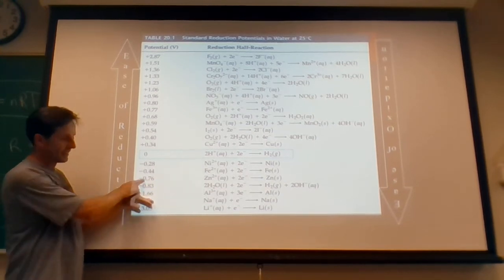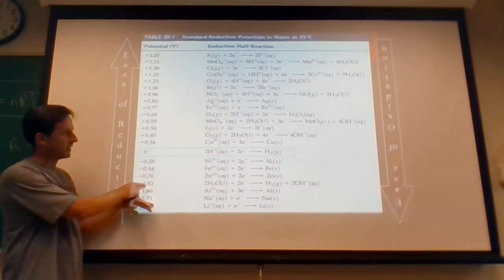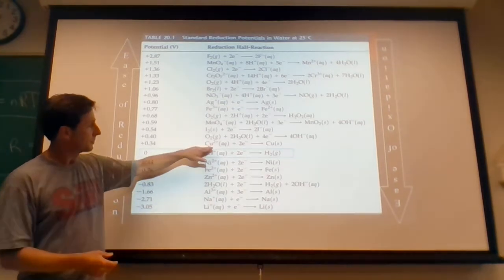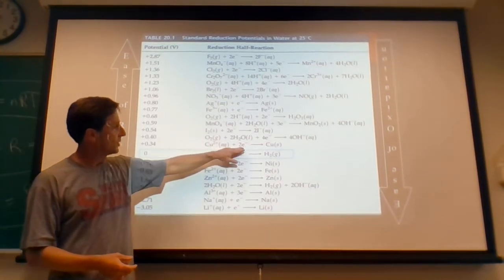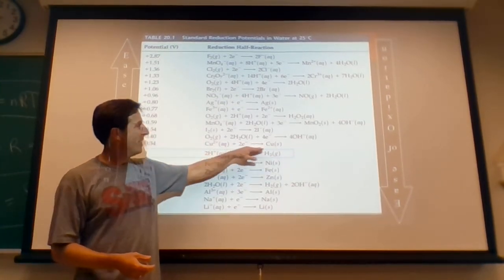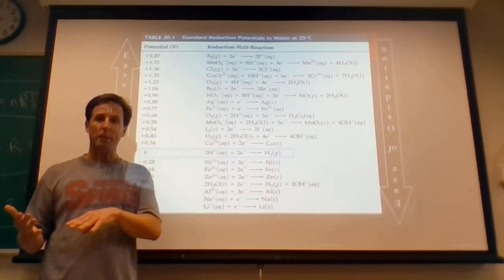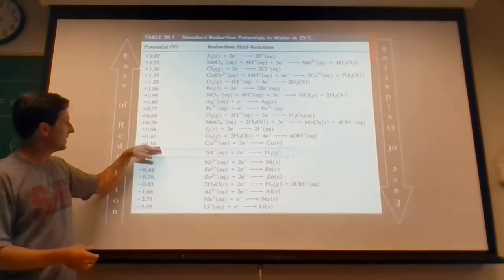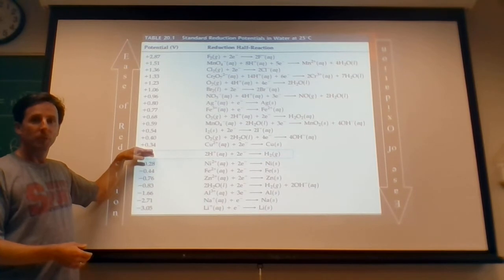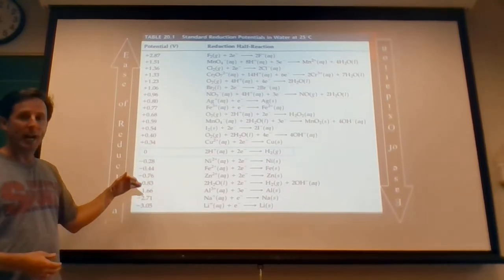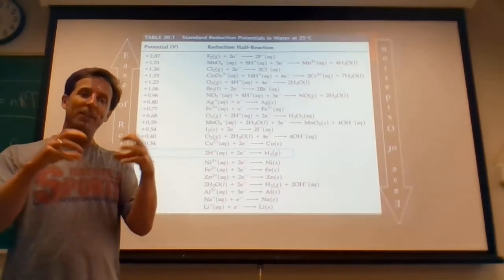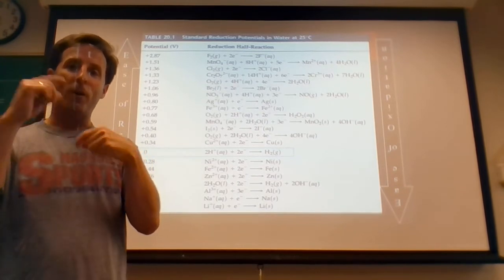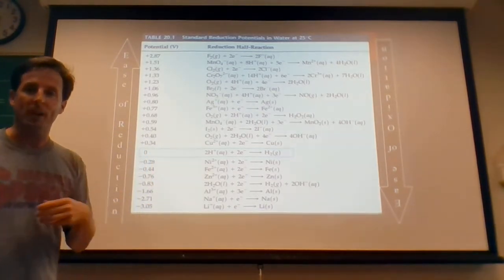So I'm going to change the sign of this one to positive 0.76. For copper, copper plus 2 gains 2 electrons to become copper metal. That is the half reaction that we were doing a minute ago, so that one can be left as it is, 0.34. So if I get the two half reactions, I have to combine them in the right way to get the overall EMF value for the electrochemical cell when I build it.